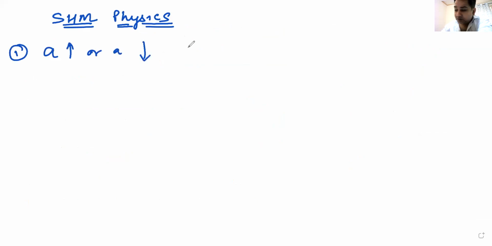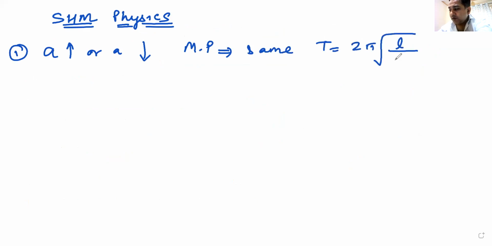In that case, your mean position remains the same, and your time period becomes 2 pi root over L upon g plus or minus a. It will be plus a if it is upwards, and minus a when it is downwards. Do we understand this?